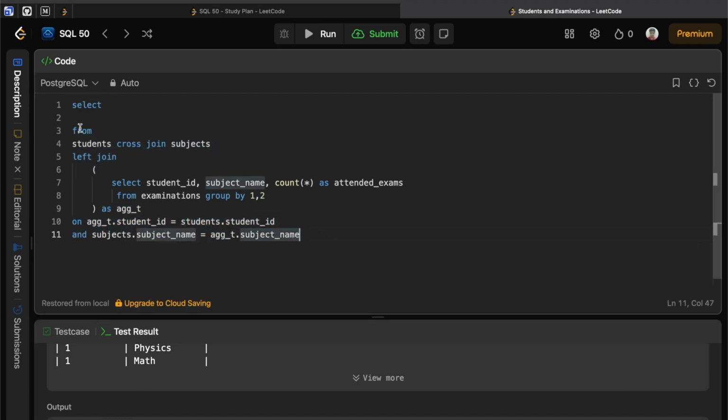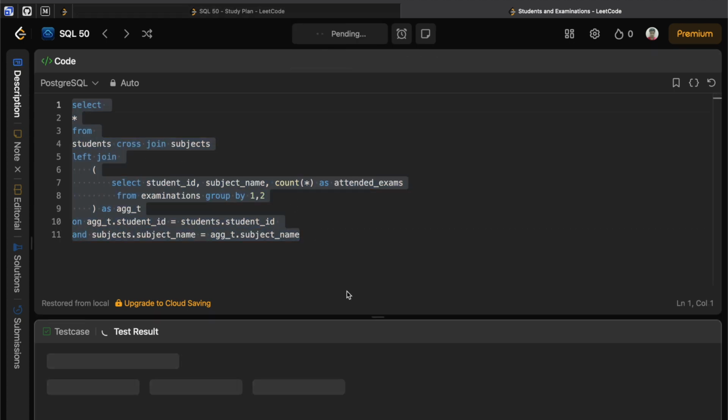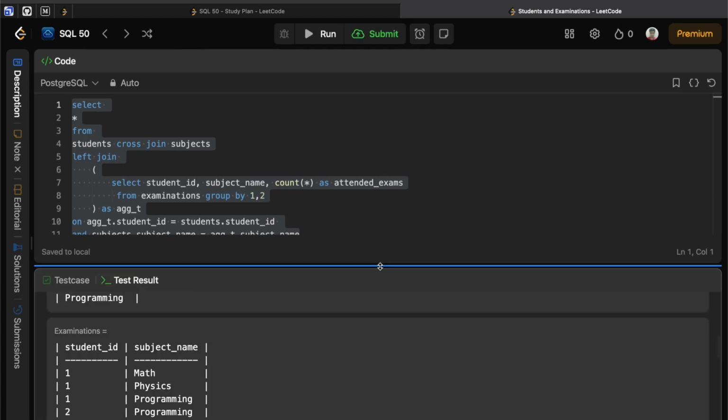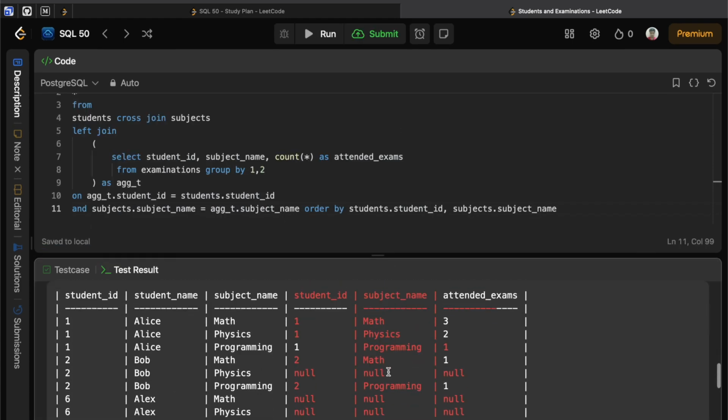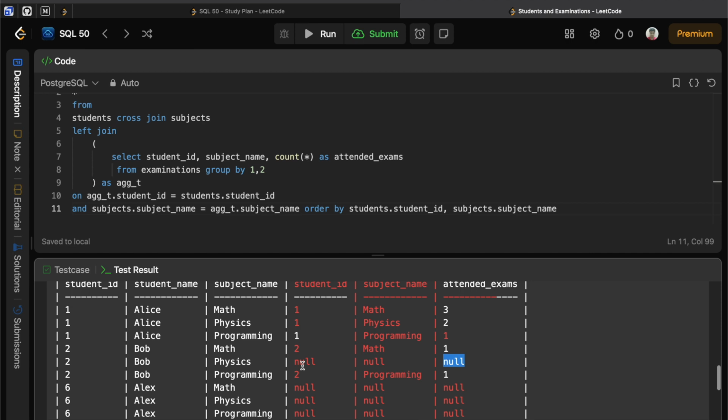So let's just select star from this and see what we have so far, right? Let me run this. But here you're going to see null wherever there was no exam taken up by that student, right? So this is what we need to handle and convert this null to 0. That's what we want to do, right?